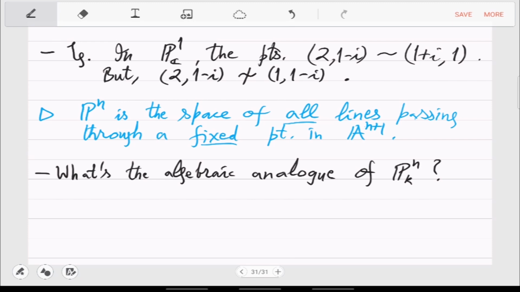What are the closed sets, open sets, and so on? So as you can already guess, we will only focus on homogeneous polynomials, right? So ideals which are generated by homogeneous polynomials, they will be the correct ideals.